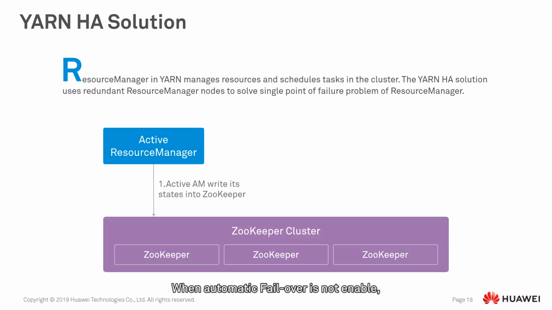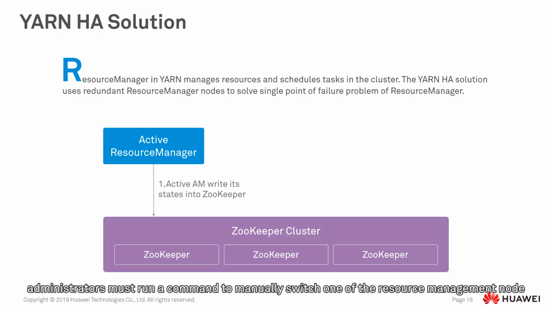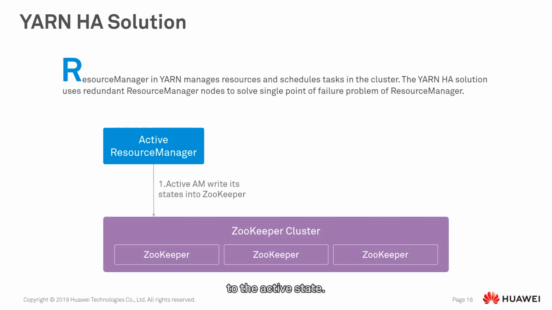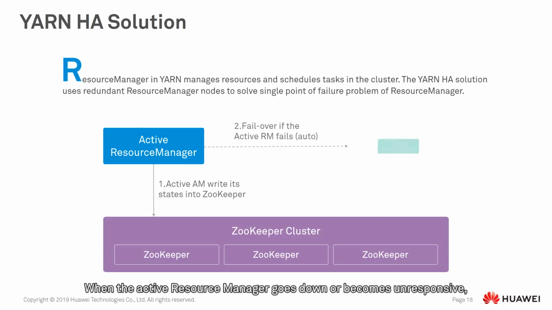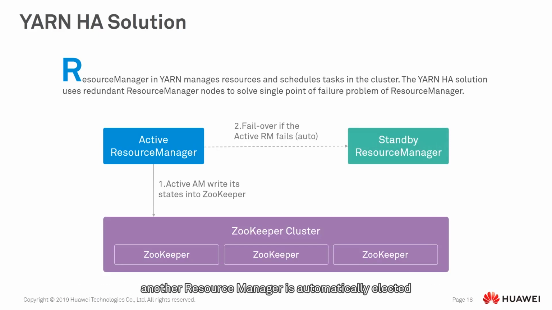When automatic failover is not enabled, administrators must run a command to manually switch one of the resource manager nodes to the active state. When the active resource manager goes down or becomes unresponsive, another resource manager is automatically elected to be the active node that then takes over services.